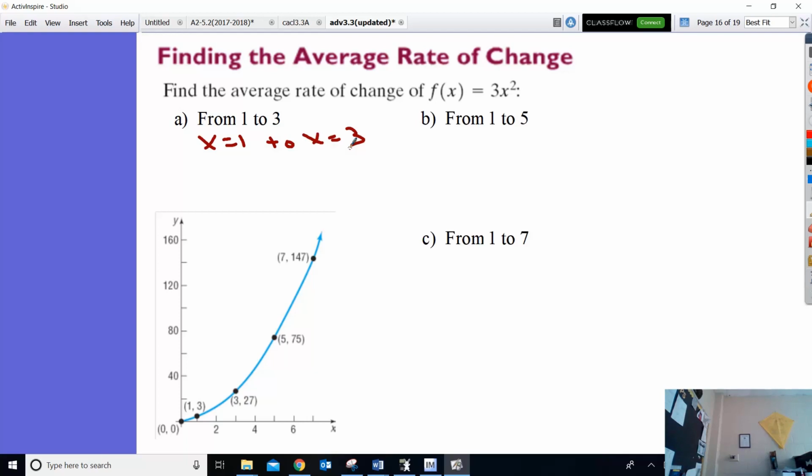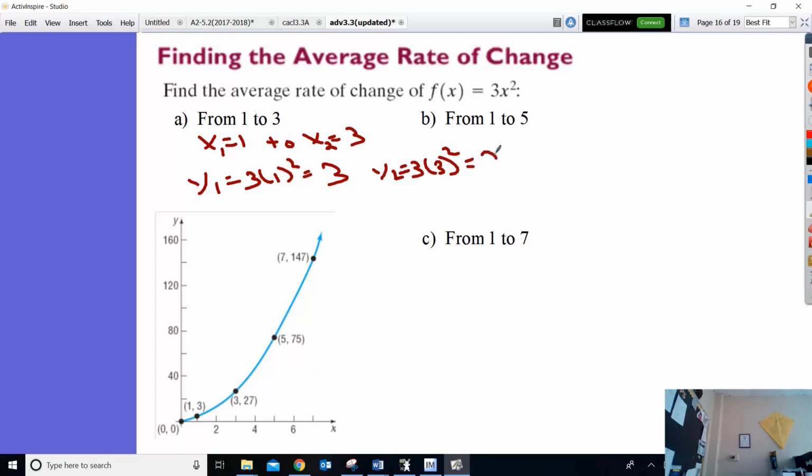You can get a y value. The simplest way is plugging it in. So if I let x1 be 1, y1 happens when I plug into this thing: 3 times 1 squared. What do I get? 3. If I let this guy be x2, y2 happens when I plug in a 3. 3 times 3 squared. What's that return?